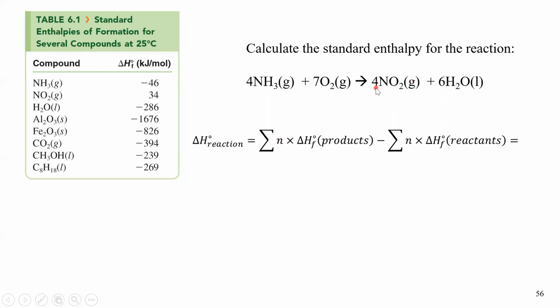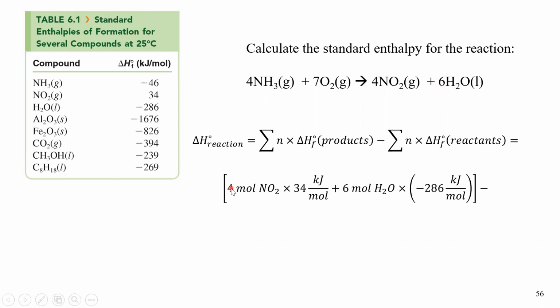We're going to take 4 times the value for nitrogen dioxide plus 6 times the value for water. And that would give us the sum of the products. Then we're going to look at the reactants. We're going to take 4 times ammonia plus 7 times 0, which we really don't have to write.